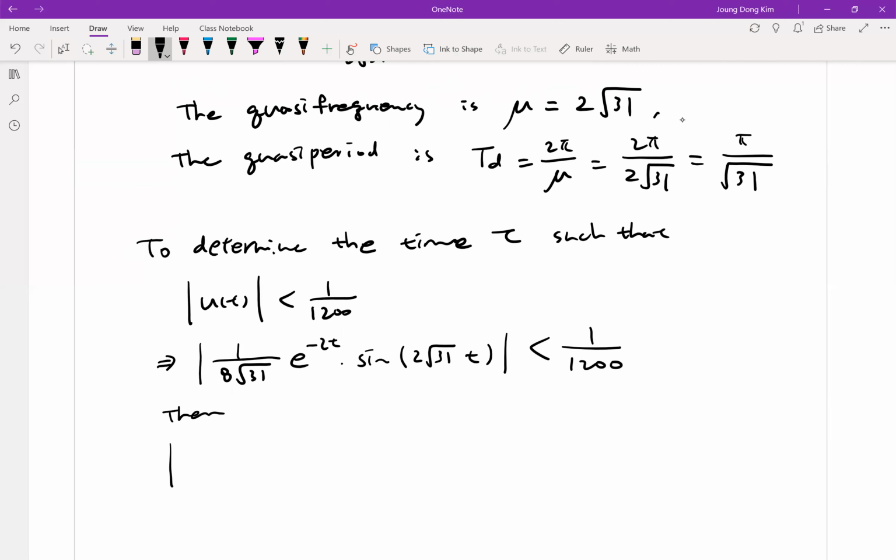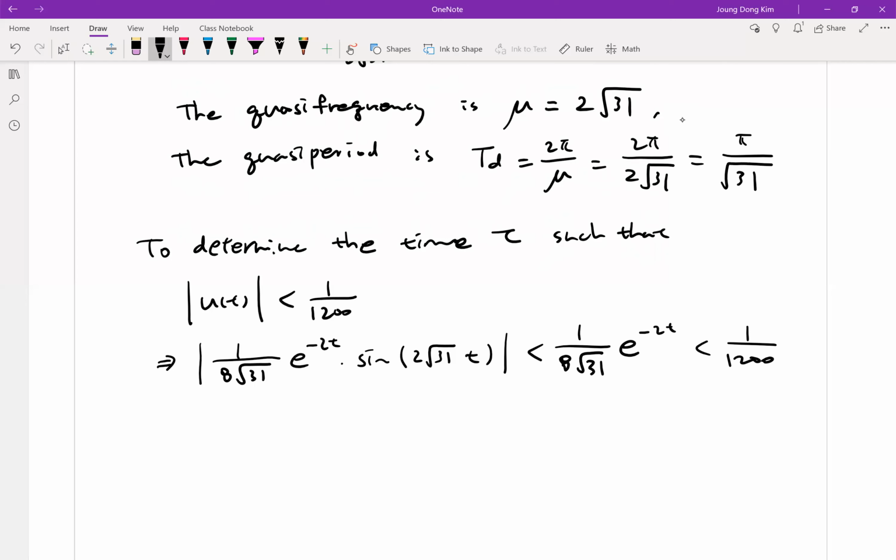The absolute value of 1/8 square root of 31 e to the minus 2t times sine is always less than 1/8 square root of 31 e to the minus 2t. Does it make sense? This is much easier to handle, right? The reason is that your sine is between -1 and 1.